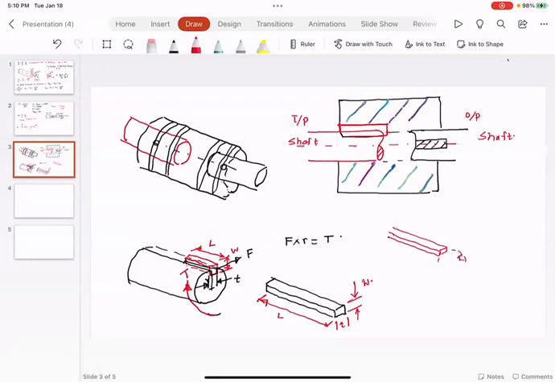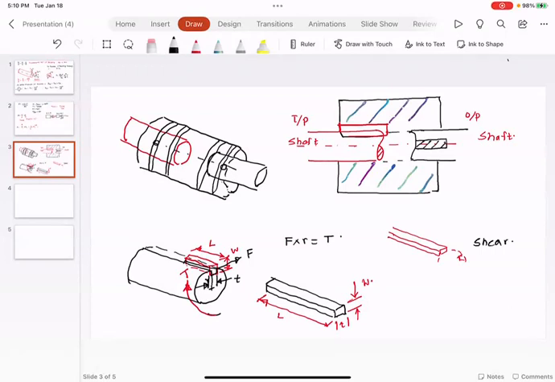Do you agree with me? So the top half of the key would stay in the coupling and the bottom half of the key would be in the shaft. Do you agree with me? This is the way the key would be sheared. So there is shear failure of the key.